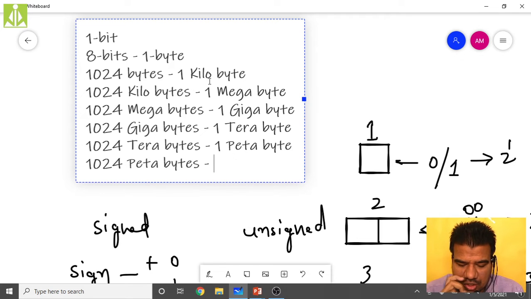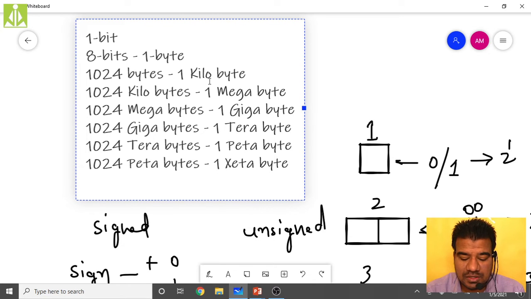We have other terminologies also for memory. This is the standardized one and we are considering this one. So if you see any other thing on the internet, just reconsider that one. So 1 zettabyte, and then 1024 zettabytes make 1 yottabyte.